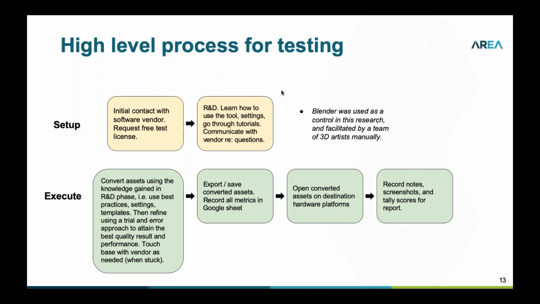I opened it up on my iPad Pro from 2018. And then we also had an Oculus Quest and a HoloLens 2 that I would open these up on. Essentially what I'm looking for at that stage is just making sure that it came in okay, that it looks like I expect it to look, that there are no performance issues, and then recording screenshots for the report.